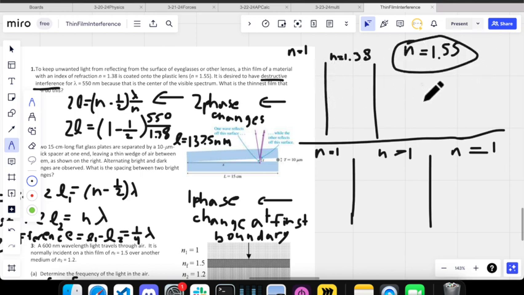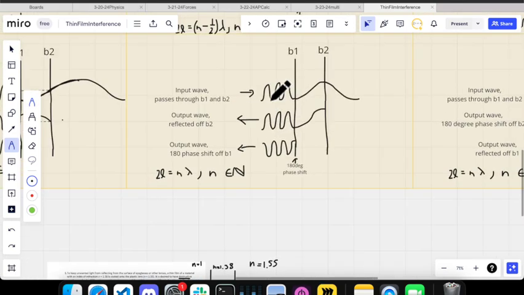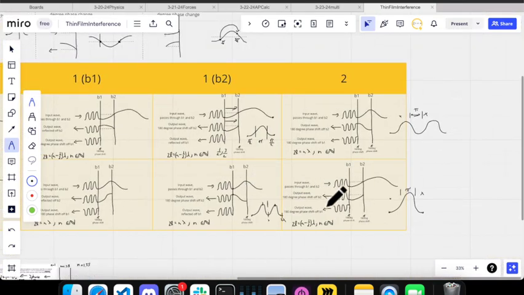And we see we're getting an increasing index for each medium, and that means we're going to have a phase change for each one. So from here to here, we're going from smaller to bigger, and again, also here a phase change. So we got two phase changes. We know we want destructive interference, and you can just look at this table. We want destructive interference for two phase changes, and that gives us that formula.